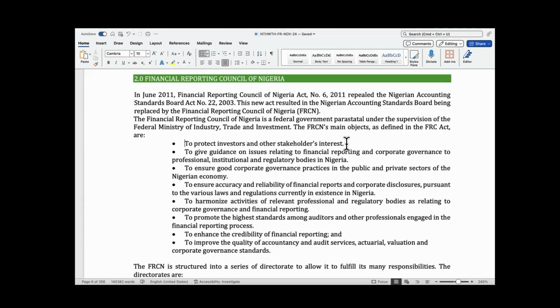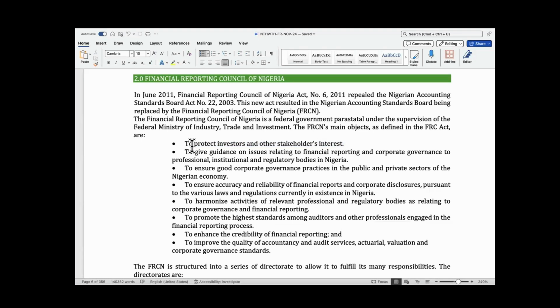And if they find that the company is misleading the users, or has made a mistake, knowingly or unknowingly, they will be heavily penalized. And they have to recall that report from the public. It was all over the news. One of the federal government agencies had to recall their report as instructed by FRCN. So they are out there doing the job right now to protect investors and other stakeholders' interests.